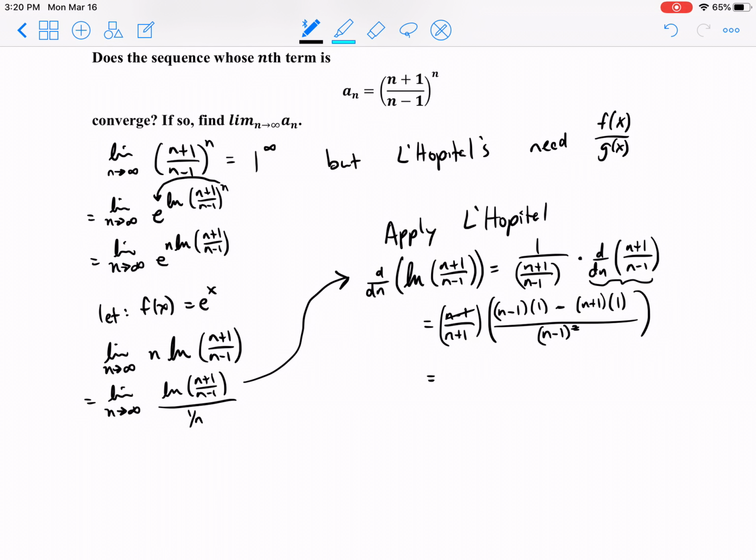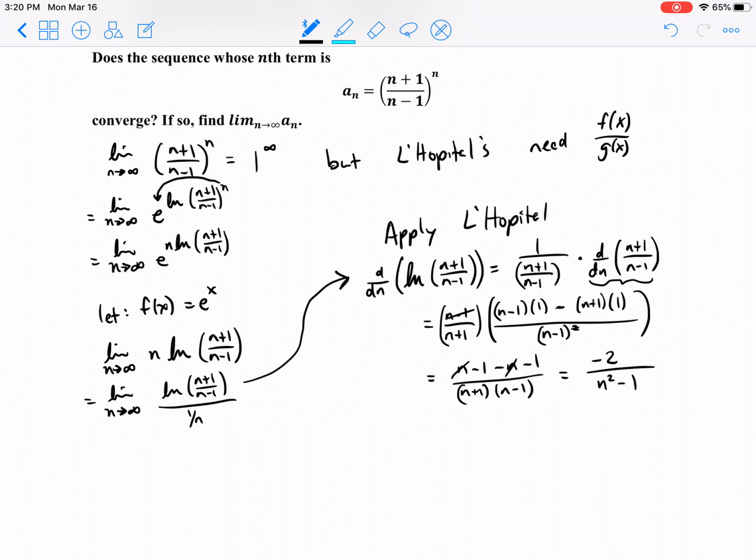So this is going to be n minus 1 minus n minus 1 in the numerator over top of n plus 1 times n minus 1. In the numerator, the n's cancel, and we're going to end up with negative 2 over n squared minus 1.